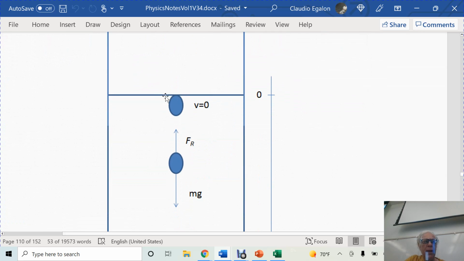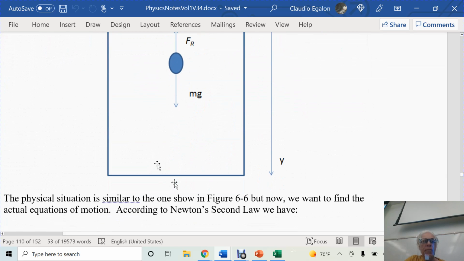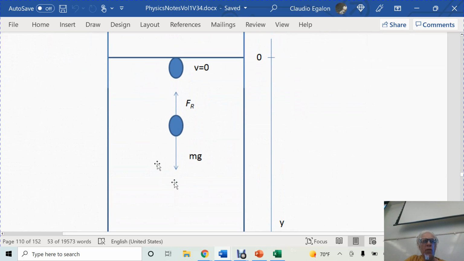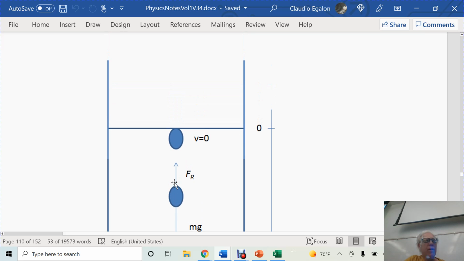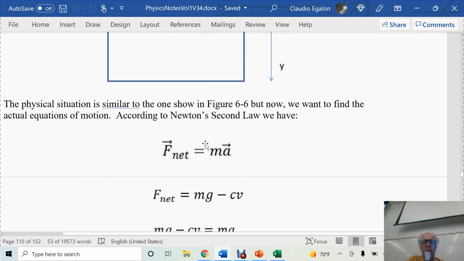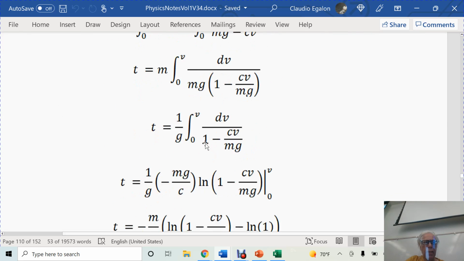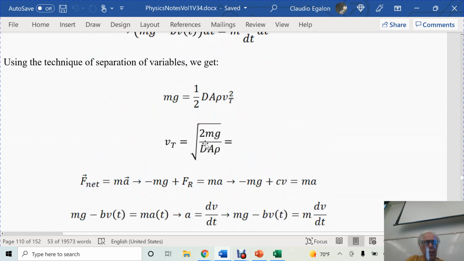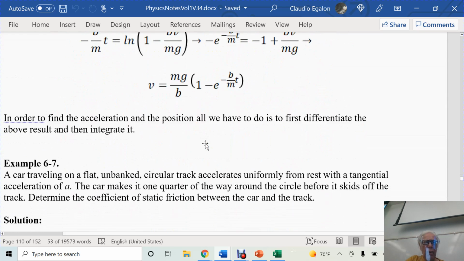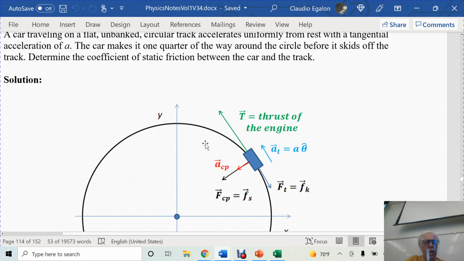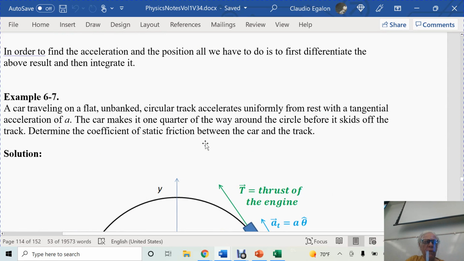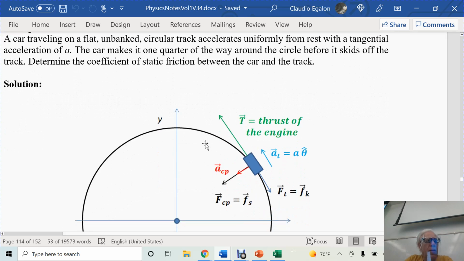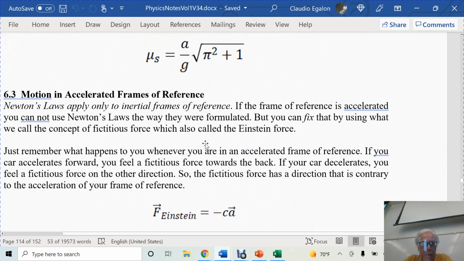Here's another example of a resistive force, a mass falling through a viscous fluid. Everything here is solved in detail. I'm not going to do this one, but I want you to go through it.